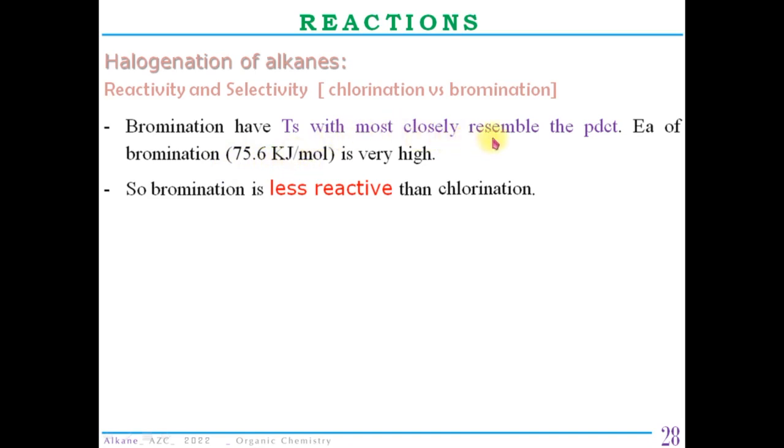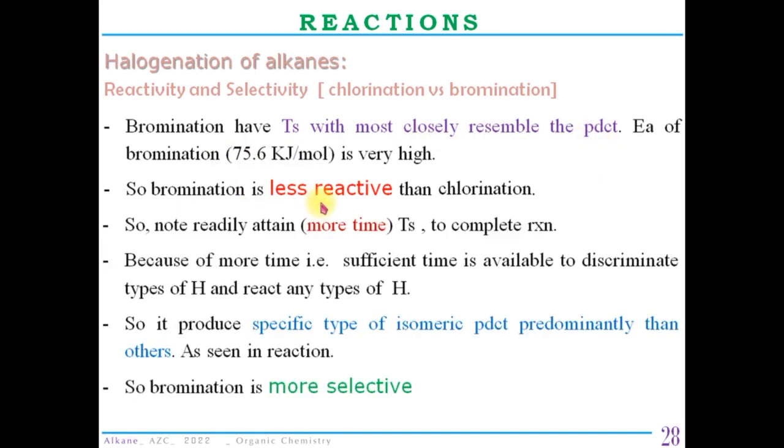The transition state closely resembles the product. It is less reactive, and because of less reactivity, bromination has sufficient time to reach the transition state. So sufficient time is available to differentiate between different types of hydrogen, and therefore it produces a specific type of isomeric product, that is tertiary, predominantly over other structural isomers. So bromination is more selective.